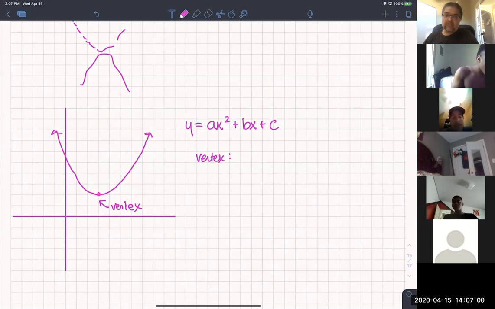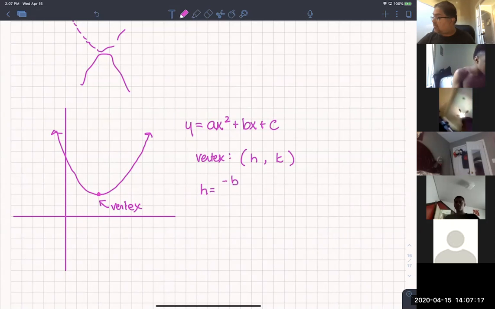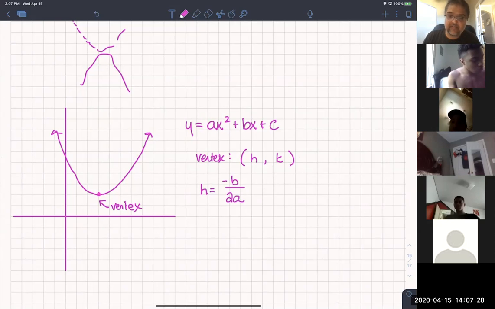The vertex is a point, so it has an x coordinate, labeled h, and a y coordinate, labeled k. To find the x coordinate, you take the linear coefficient, put a negative in front of it, and divide it by 2 times the leading coefficient. That gets you the x coordinate, or h, of the vertex.